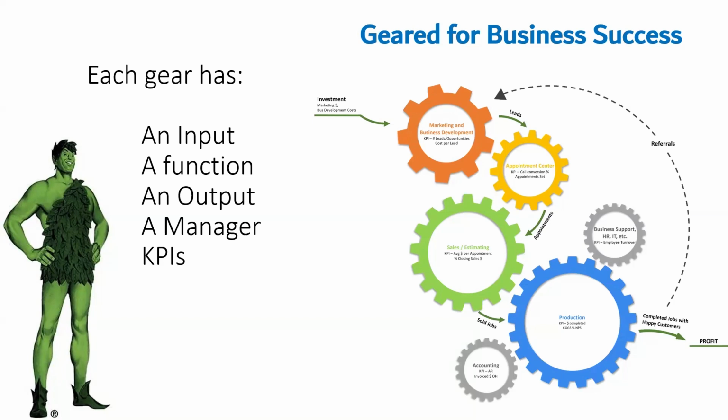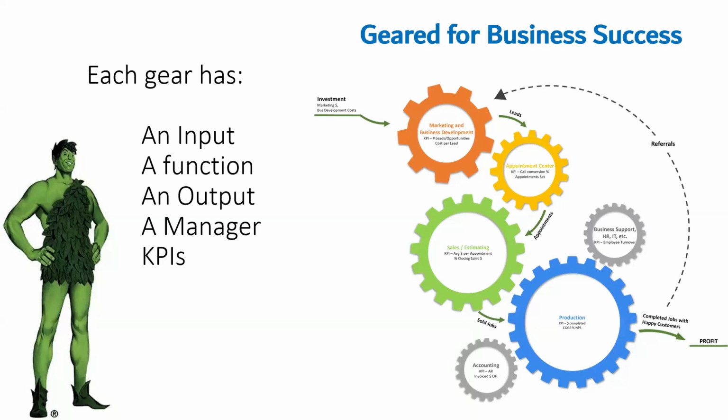So each gear has an input from the previous department, or in the case of the marketing gear, from the investment. It has a function, which is what that gear does, what it's to achieve or produce.